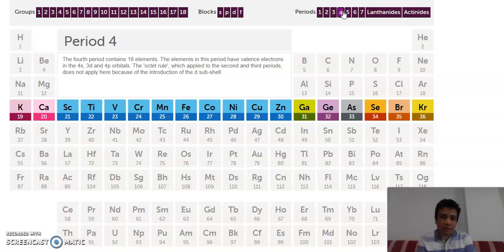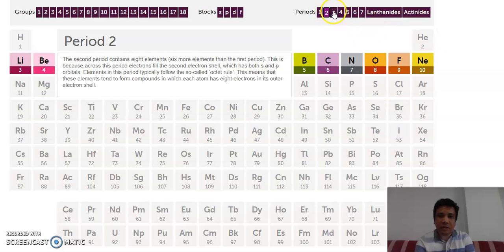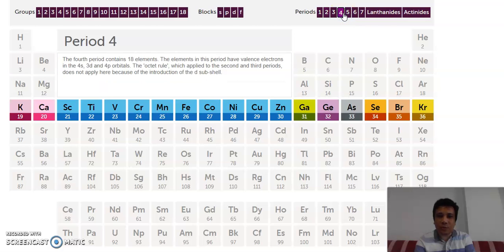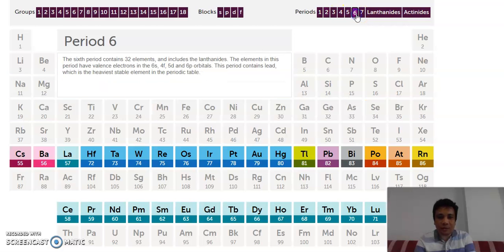So what is the logic, or what is the chemistry behind this? Why does the first period contain only 2 elements, the second period 8 elements, and the sixth period 32 elements?